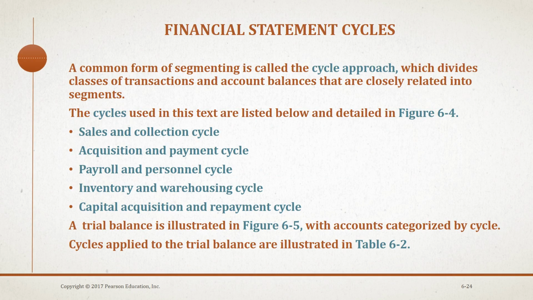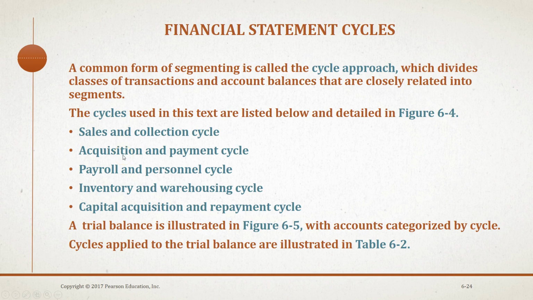When we do an audit, the best approach is to do something called a financial statement cycle. Everything that we know from our accounting world has a cycle. And when we audit, we want to audit the cycles with the classes of transactions that go along with the account balance most related to that cycle. The sales and collection cycle: AR, collection, cash.